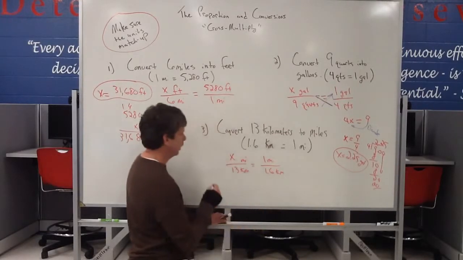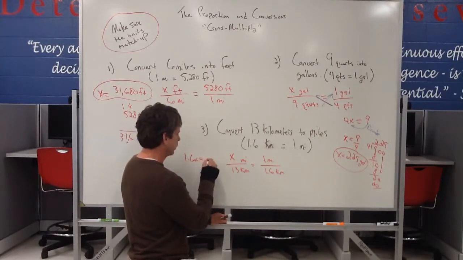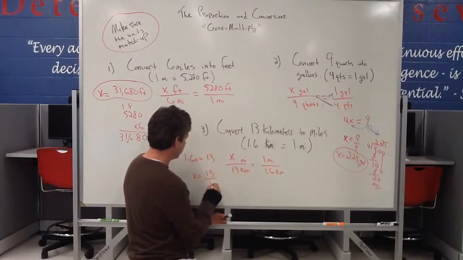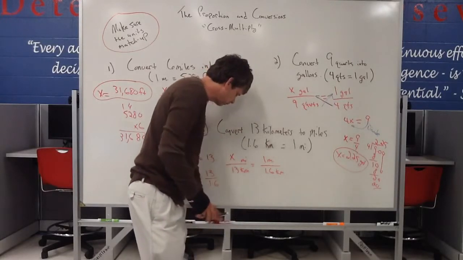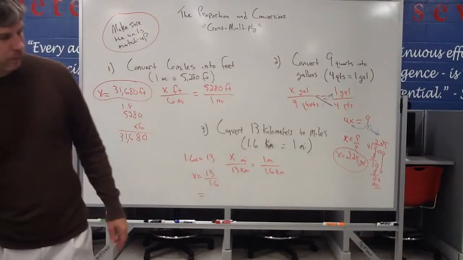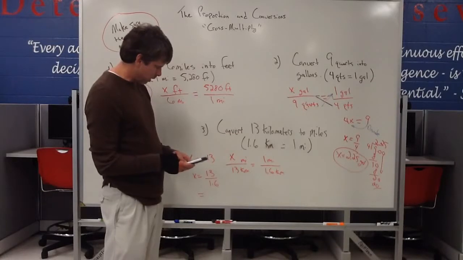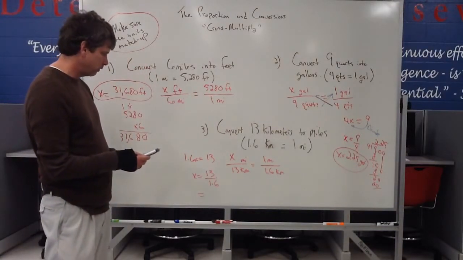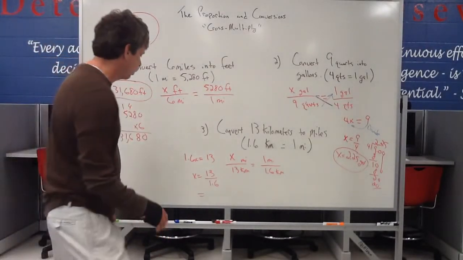So what this plays out then is we have 1.6x is going to equal 13 times 1, which is 13. So it looks like I have to divide 13 by 1.6. I think I'm going to let technology take care of that. So we'll pick up our calculator and see what we can come up with. 13 divided by 1.6 is going to give us 8.125 miles.